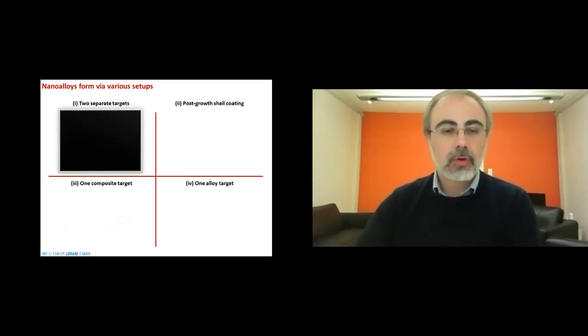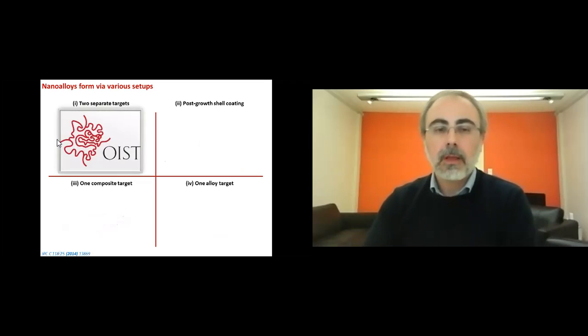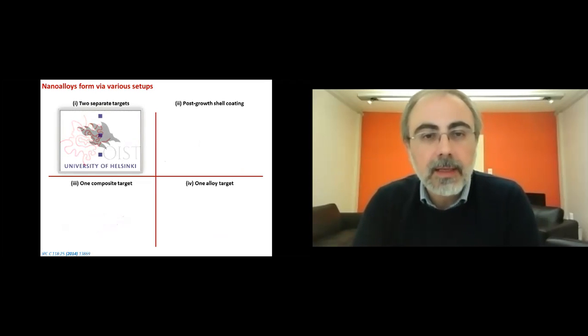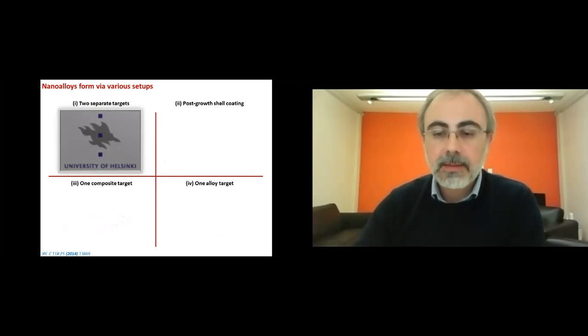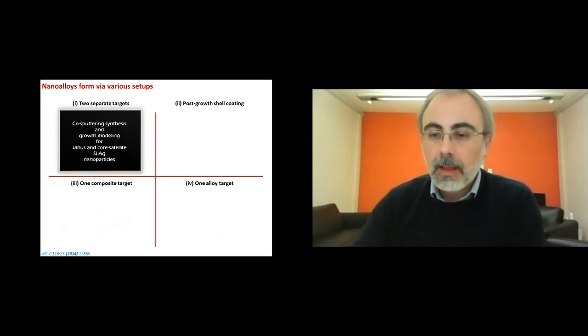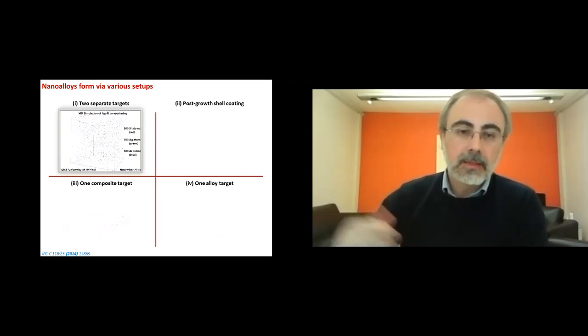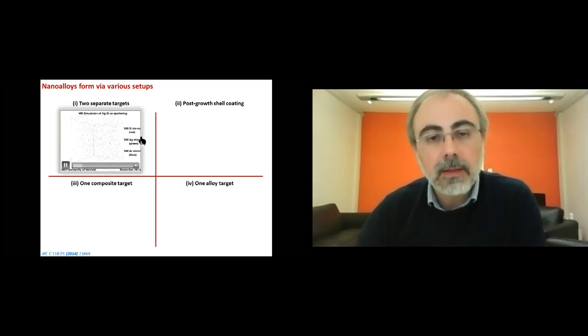So let me show you how the simulation works for this type of growth. So first, we start with two separate targets, and in this case, it's a case of silicon and silver. And we sputtered simultaneously from two separate targets. So in the simulation box, there are 500 silicon atoms and 500 silver atoms.